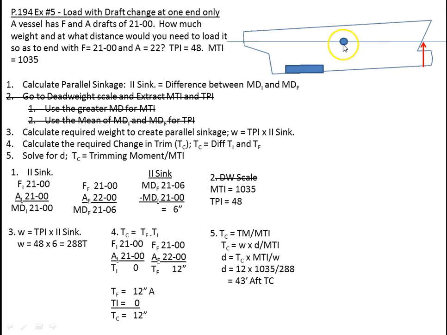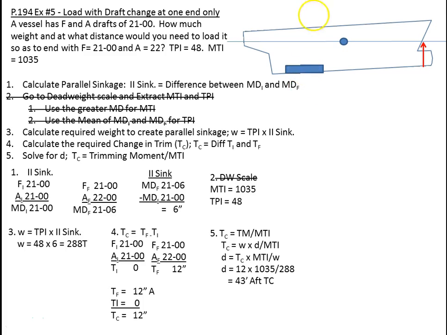And that gives 43. We have to put it aft so that we can increase the draft aft. If we put a weight of 288 tons at a center of gravity 43 feet aft of the trimming center, this might be a ballast tank from 33 feet to 53 feet. Well, the center of gravity is going to be at 43 feet.